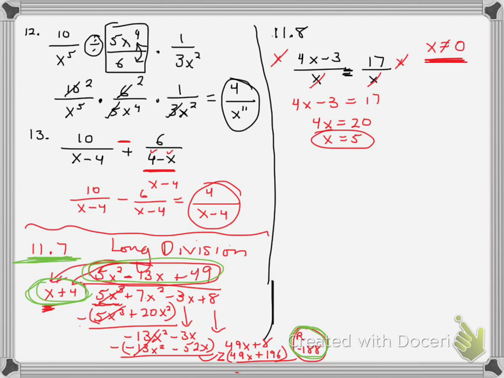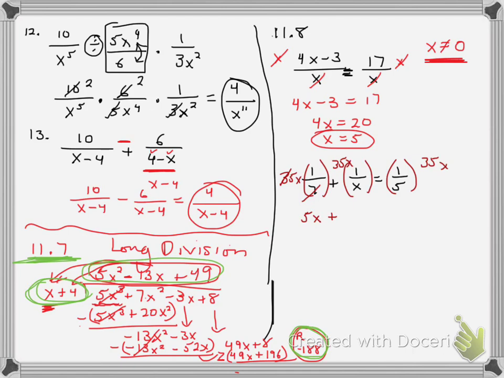Let me give you one other example here, and let's pick something where we've got a couple of different denominators to use. Here, my common denominator will be 35x. So I'll multiply it by that, and by the third term. 7 goes into 35, 5x. 5x times 1 is 5x.